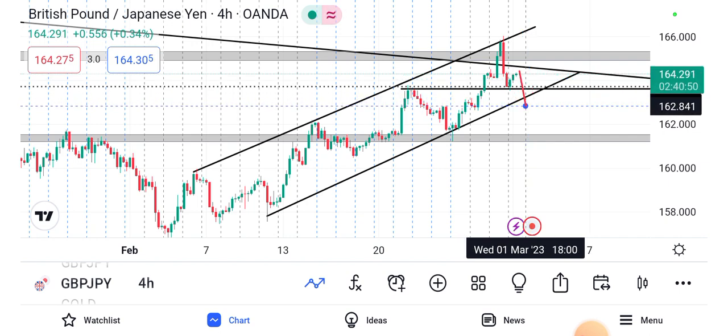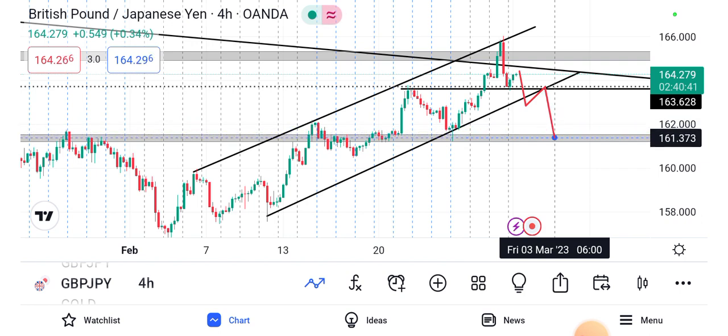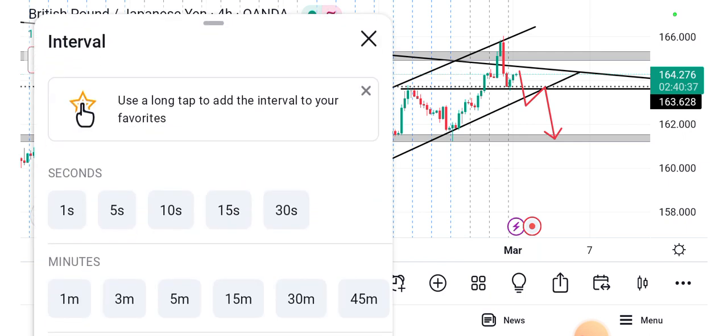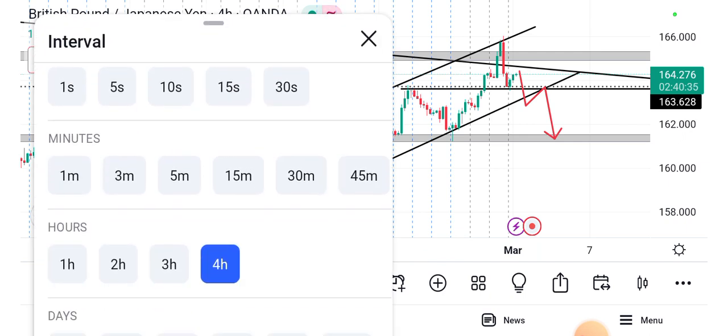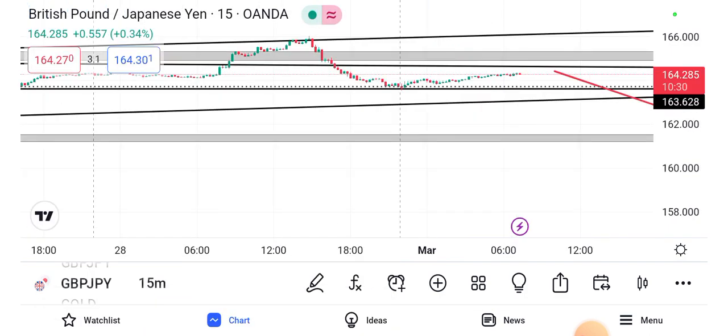After breaking this level, we need to wait for a retest here, and then boom, we're going to go all the way down. You understand, guys? So let's go to a smaller time frame so that you can actually see exactly what is happening.